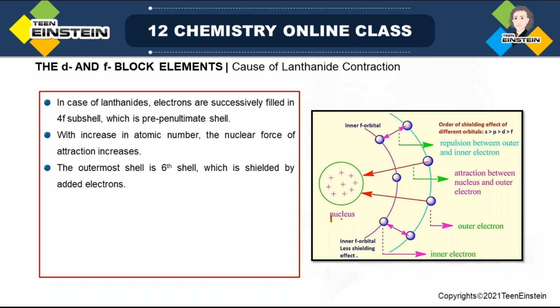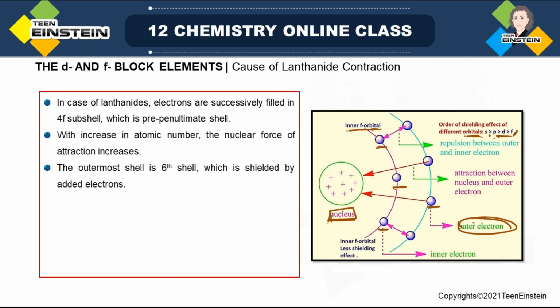See, it is the nucleus which is carrying all these positive charge protons, and this is the inner f orbital. So all these electrons are inner electrons, and these electrons in the blue line are outer electrons. So inner f orbital and outer electron means 6s. As for the order of shielding effect for different orbitals, it is already known that s has the maximum shielding effect, but f has very poor shielding effect.